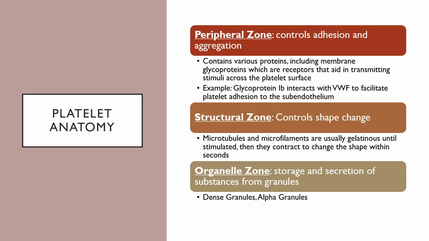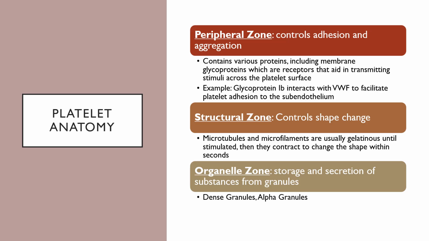But before we get to the platelet function and all of the fun that it's about to have, let's talk about the anatomy of the platelet. The first area of anatomy is called the peripheral zone, and that's going to control adhesion and aggregation. The peripheral zone contains a variety of proteins, including membrane glycoproteins, like the ones we were just talking about on the glycocalyx.